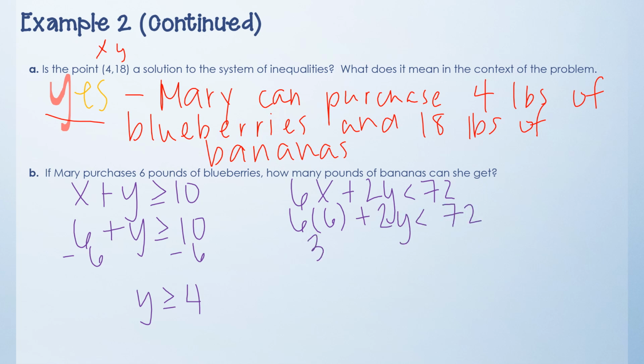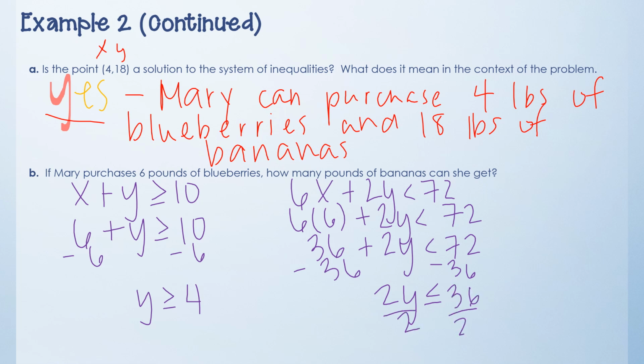And that will give me the maximum number of bananas that she can get. So we would subtract the 36. 2y is less than or equal to 36. Divide by 2, and y needs to be less than or equal to 18. So combining these two answers together, for my y value, she can get anywhere between 4 and 18 bananas, okay?